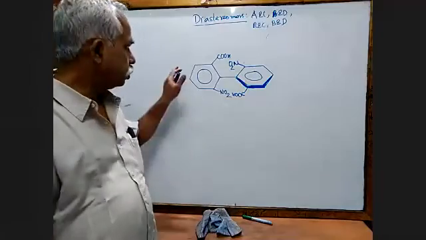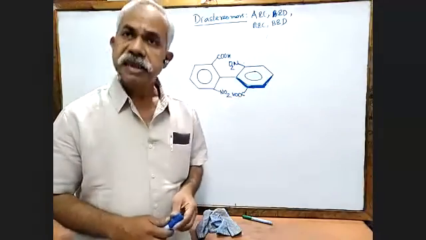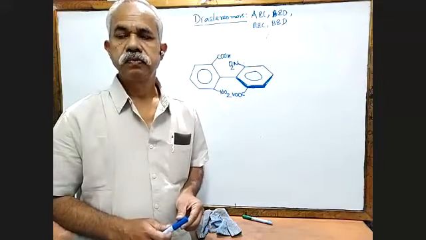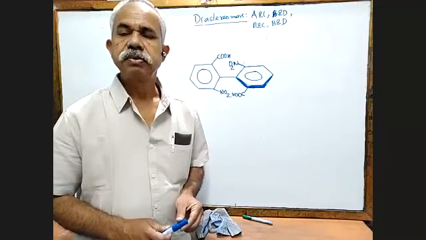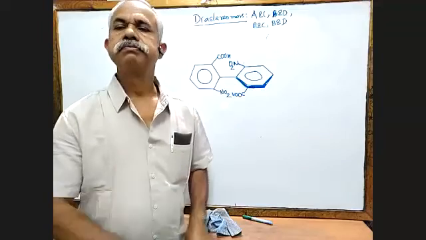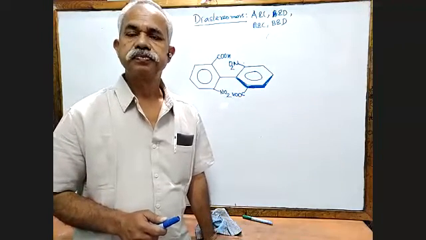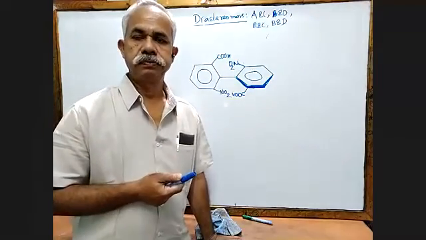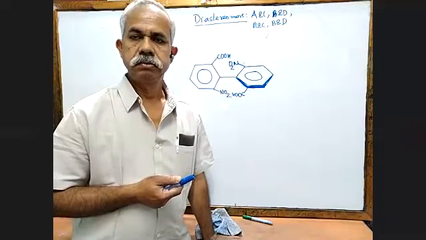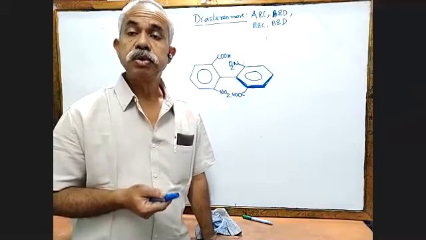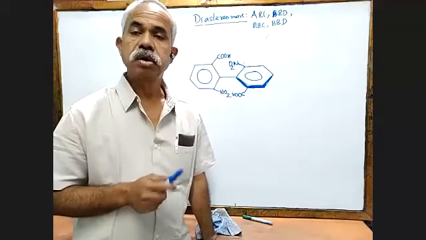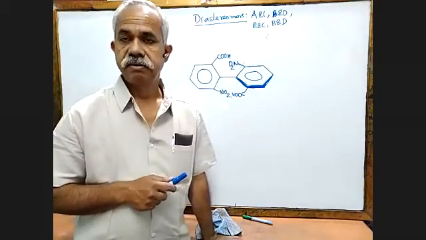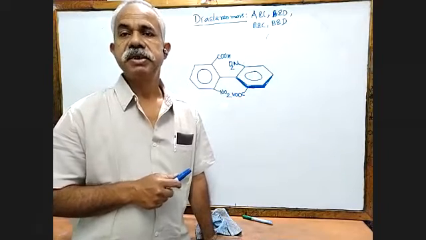All right? Sir, can you repeat? Can you explain it again? Yes. If a molecule has to be optically active, whether it has an asymmetric carbon atom or not, the molecule should not contain any symmetry.